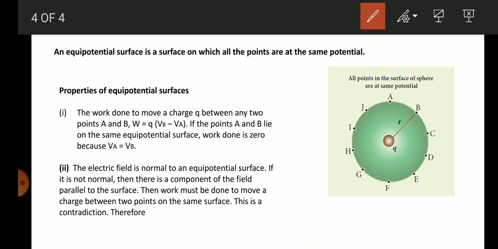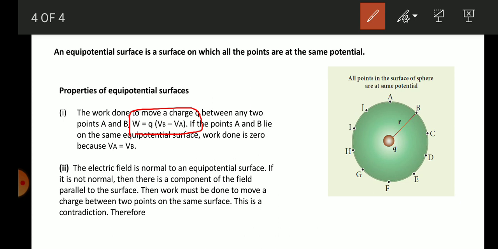Then see that the work done formula is given as W equal to Q times (VB minus VA). Here, if the points A and B lie on the same equipotential surface, then VA will be equal to VB, and if I find the difference, it will be equal to 0. Then the work done to move a charge on an equipotential surface will be 0. It will be asked for 1 mark.